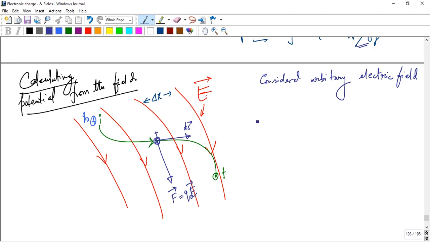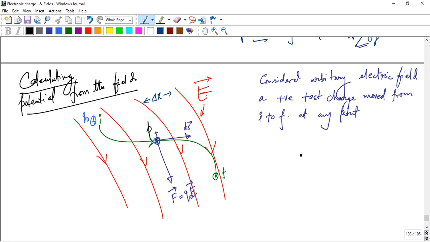Okay. A positive test charge moves from I to F. At any point, suppose point P, at any point of the path, that's the green color line.